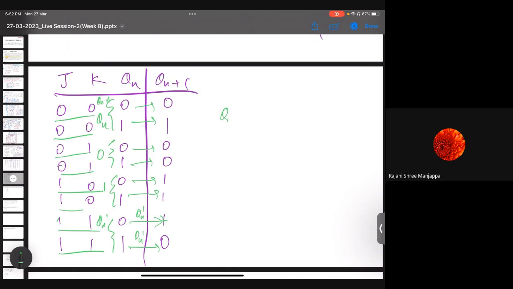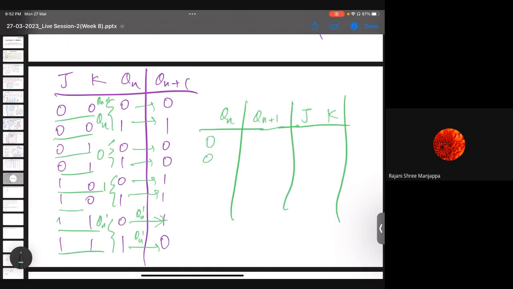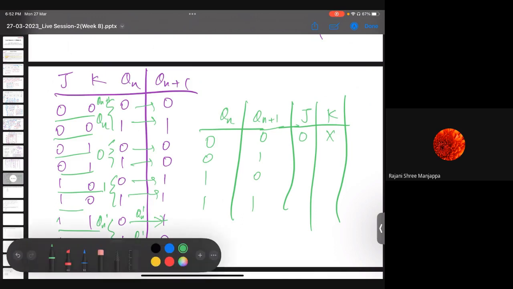So now from this Qn and Qn plus 1, we'll write what the values of J and K are. So we have 4 values. For 0 to 0, it is 0 x.